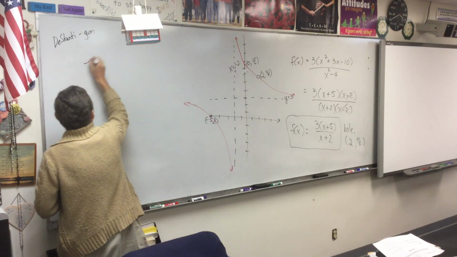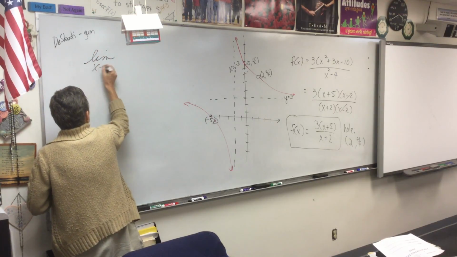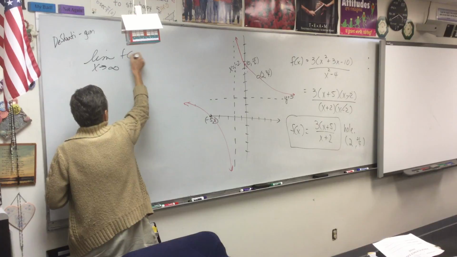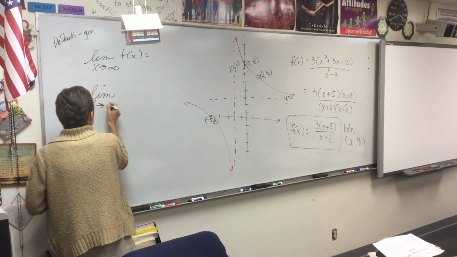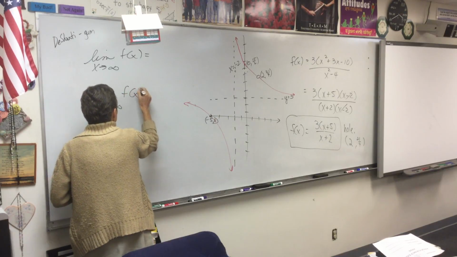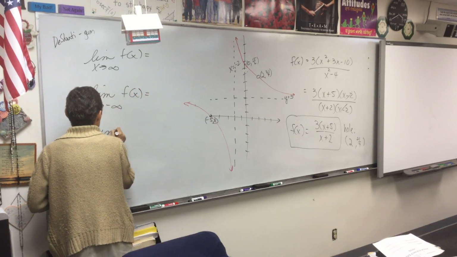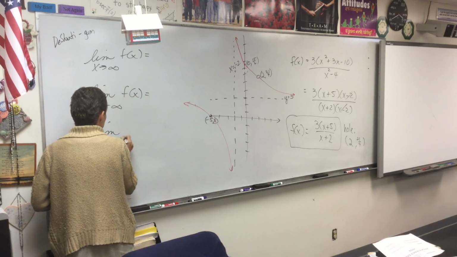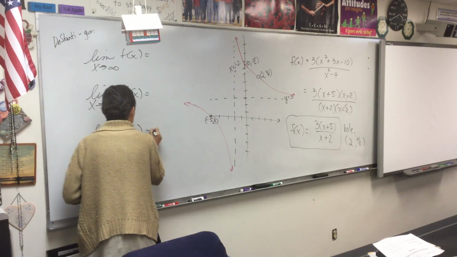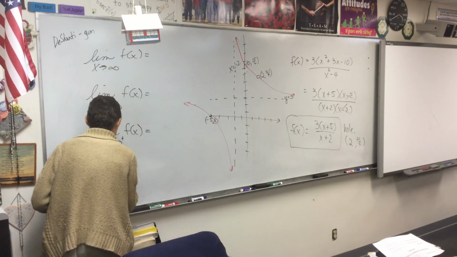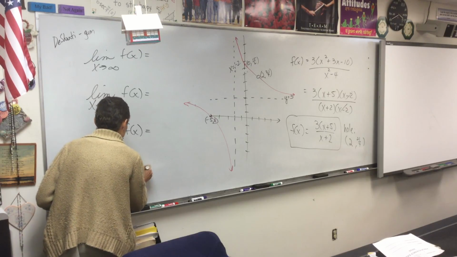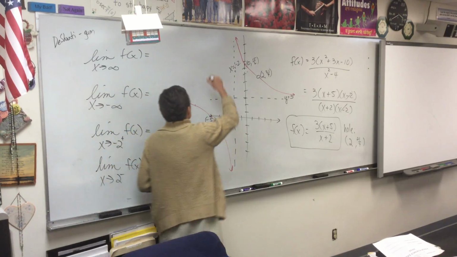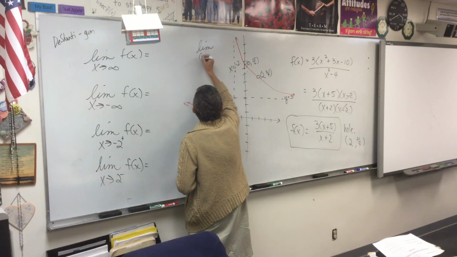Let's see if we can answer these questions. We'll find the limit as x approaches infinity, negative infinity, negative 2 from the positive side, 2 from the negative side. I'm just making these up. There's nothing special about them.